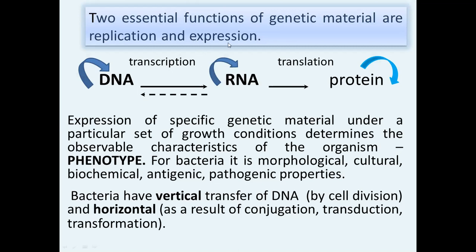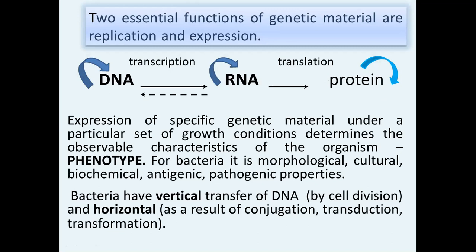And what is expression? It is the process of synthesis of proteins, and in the expression of genes the information is transferred from DNA to RNA by transcription, and then from RNA to proteins by translation. If bacteria possess some protein, it acquires some property.